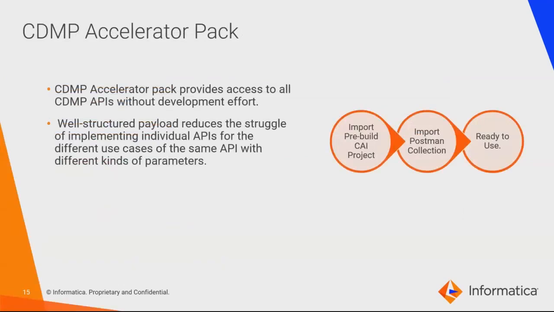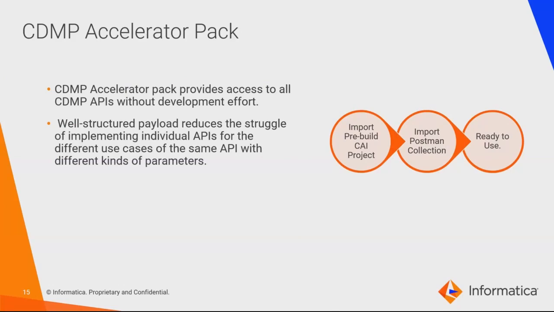So what would the CDMP Accelerator pack help you with? CDMP Accelerator pack provides access to all CDMP APIs without development effort. It has a very well-structured payload and reduces the struggle of implementing individual APIs for the different use cases of the same API with different kinds of parameters.